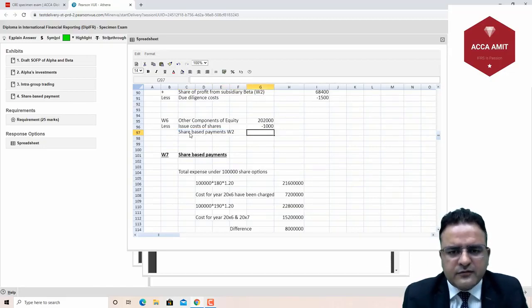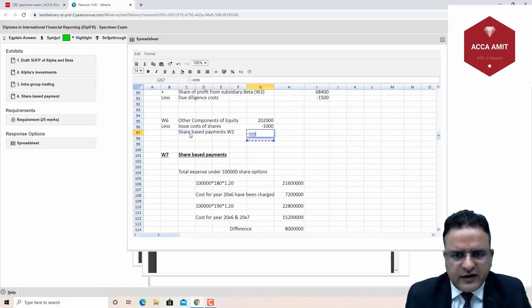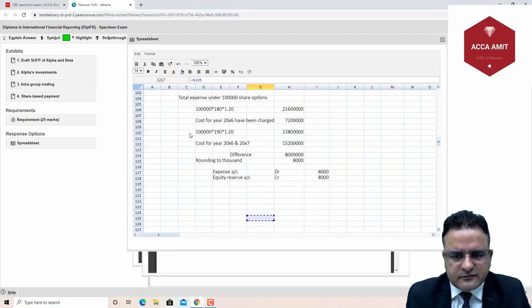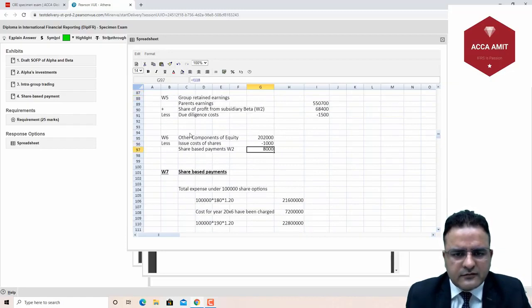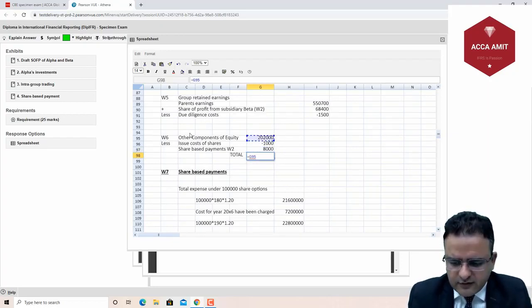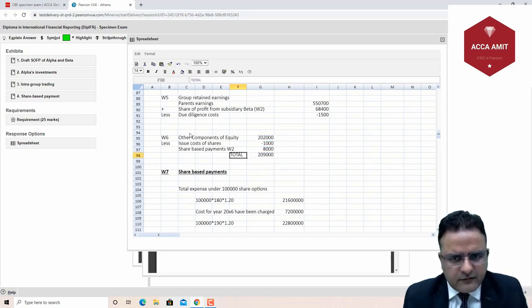Working note number 2, which is equivalent to 8,000. So the total amount to be included is 202,000 minus 1,000 plus 8,000 is equivalent to 209.